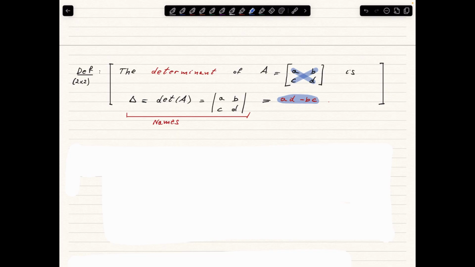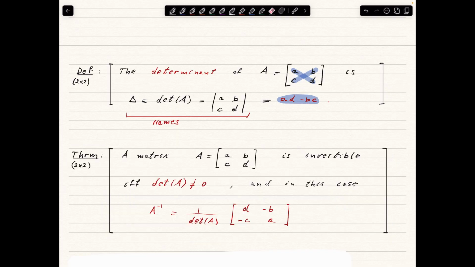Now, when that number is different from 0, then we can compute the inverse of a matrix. So a matrix A with components a, b, c, d is invertible if and only if, which is the same as saying the statement in both directions, we write it with two f's, the determinant is different from 0.